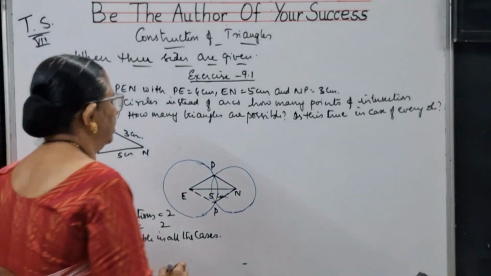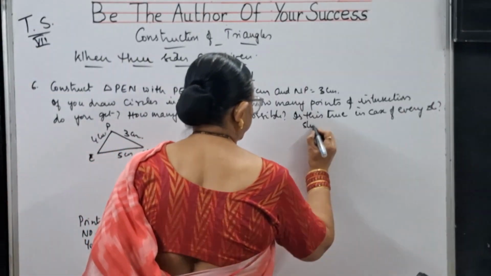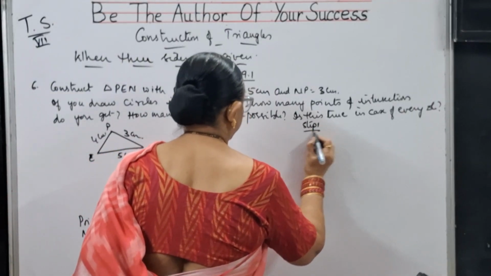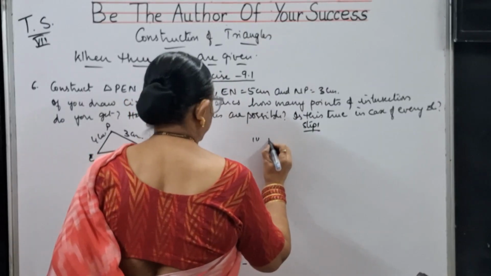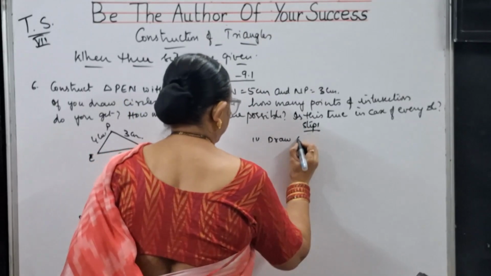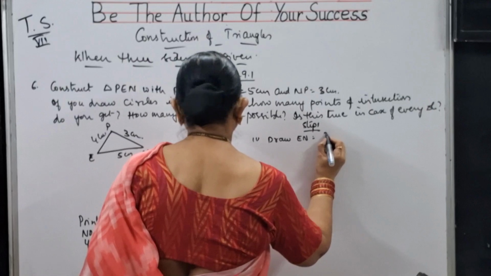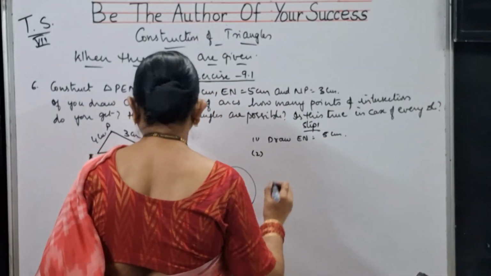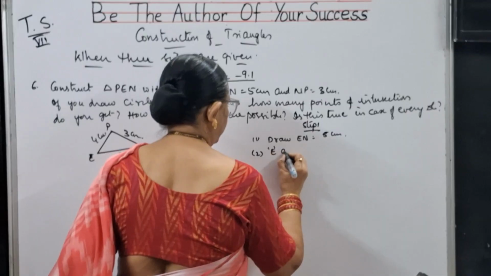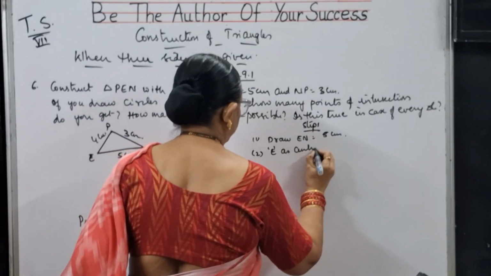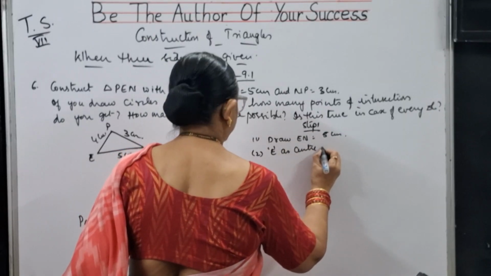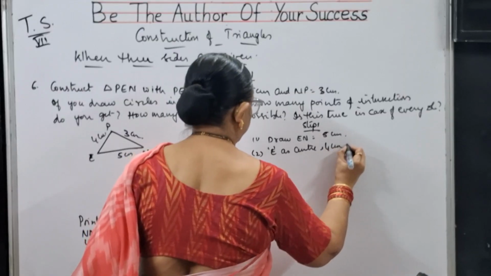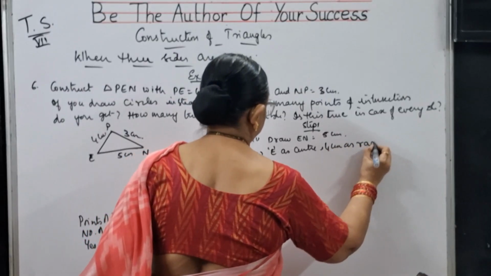And let us write the steps. First one, draw EN is equal to 5 centimeters. And second one, E as center, 4 centimeters as radius.